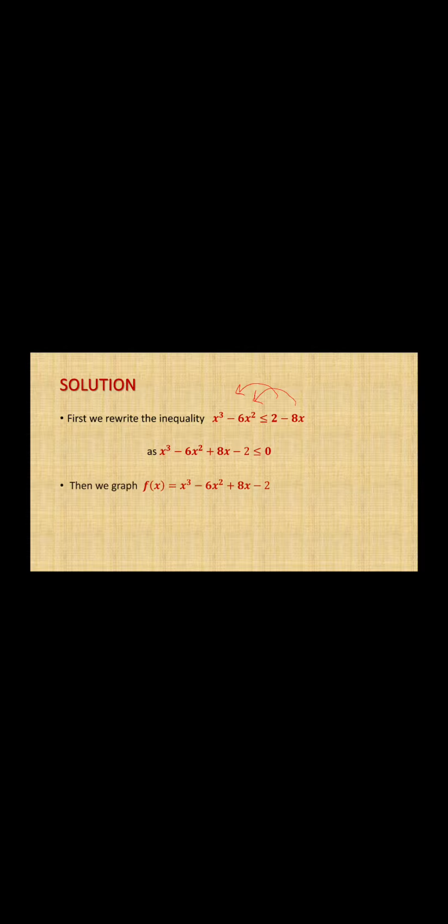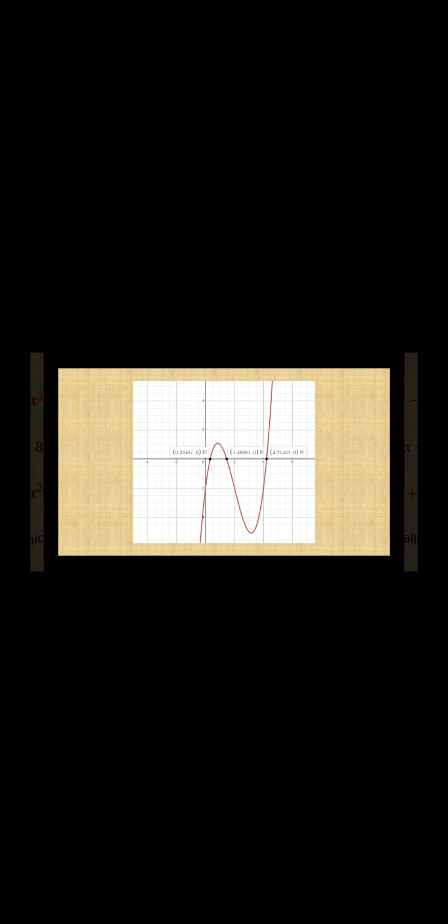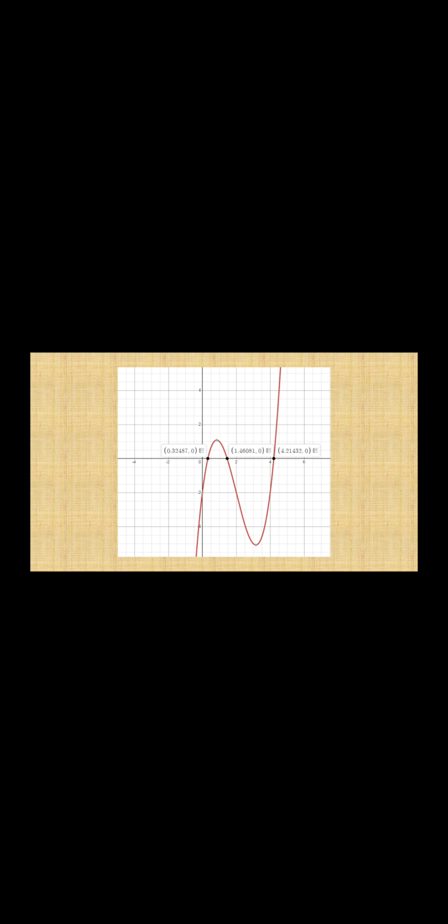Then we graph the function f of x equals x cubed minus 6x squared plus 8x minus 2, and find the real zeros of f graphically as shown in the following graph. So this is a graph that we drew using Desmos.